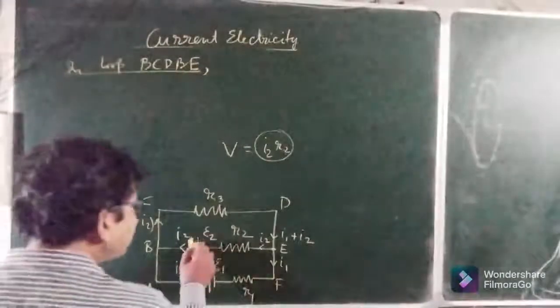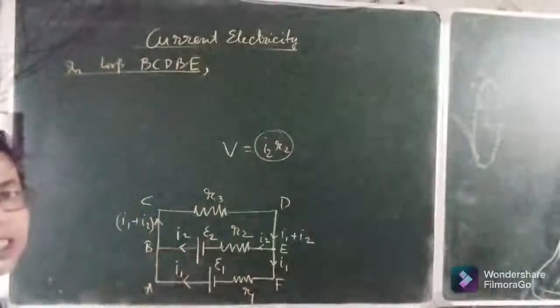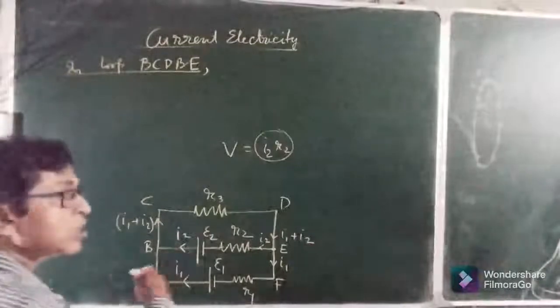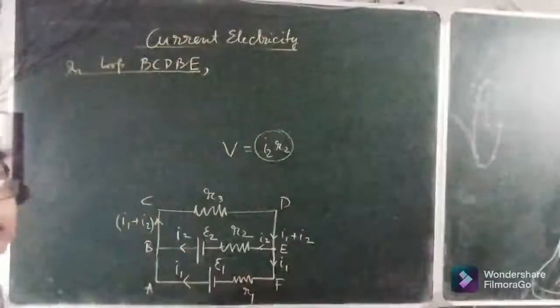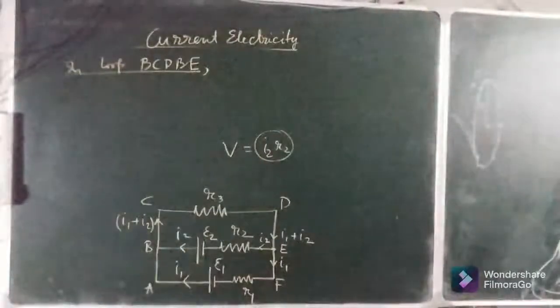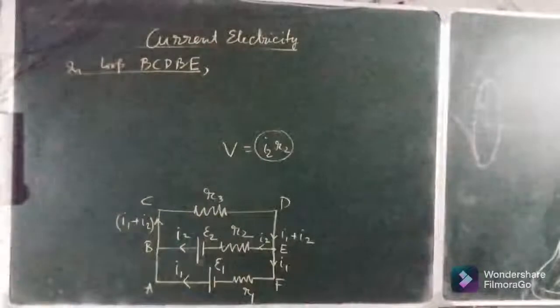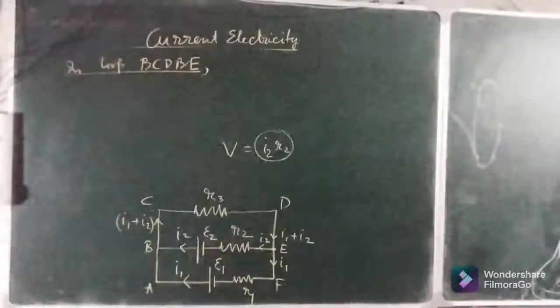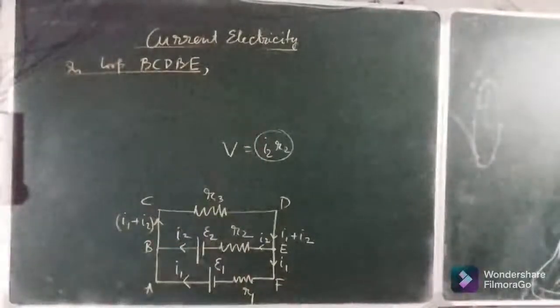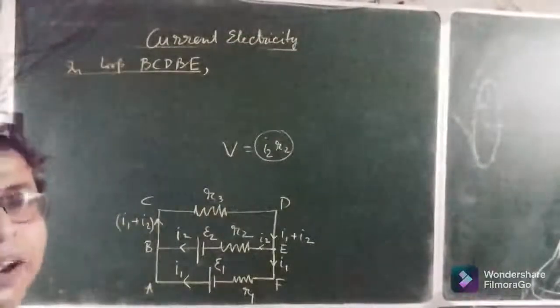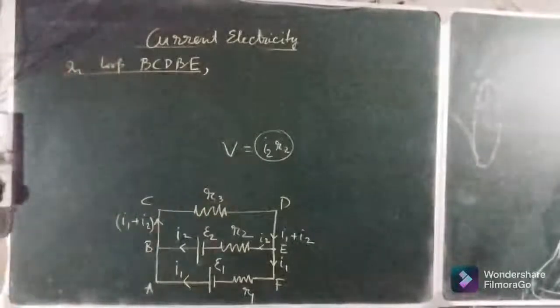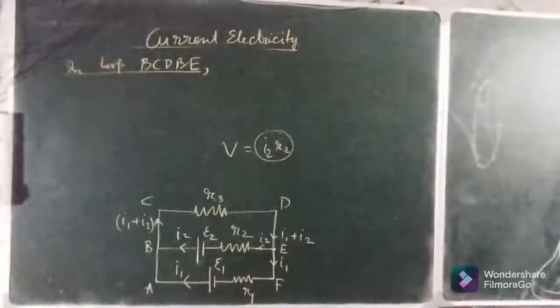That means this cell is now discharging. It is losing the charge. You know, when our phones are kept in charge, and after the charge is full, when we use the phone all through the day, the phone battery is actually losing the energy.